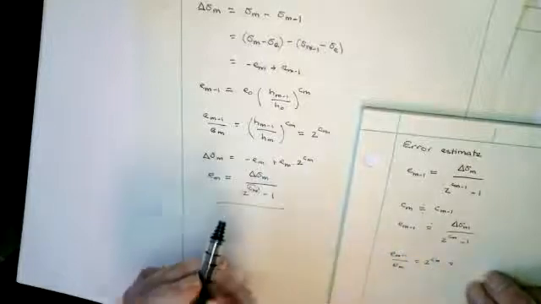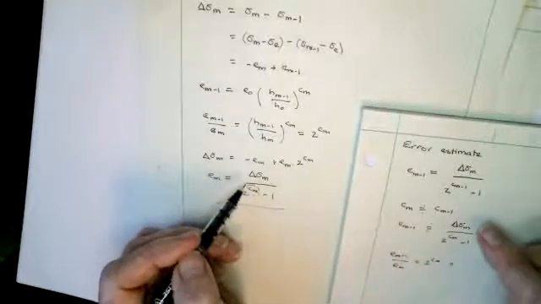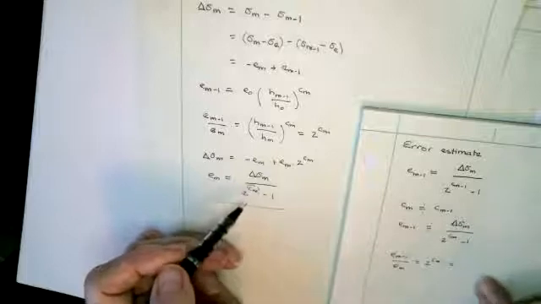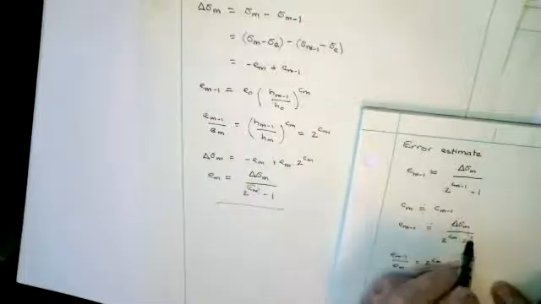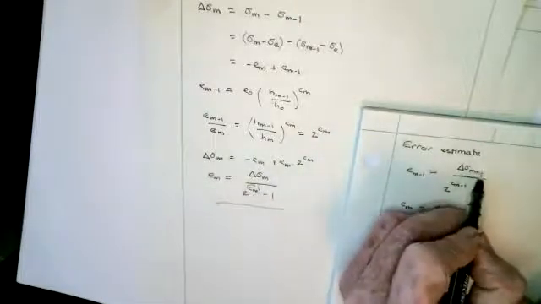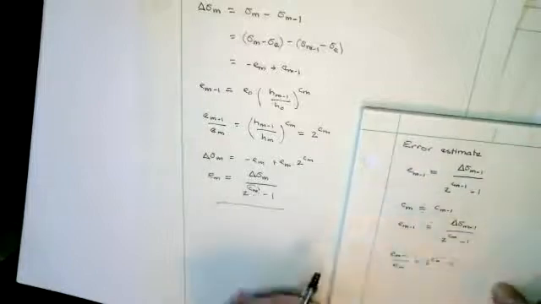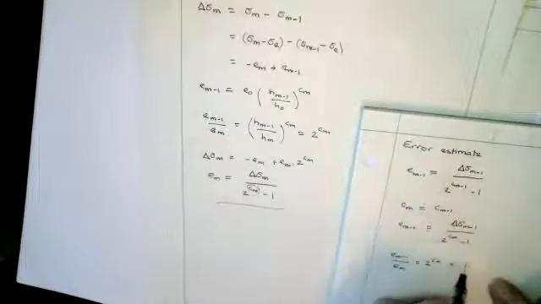But what's it going to be? If I divide this by this, I'll just get delta. Sorry, that should be my mistake. That should be sigma m minus 1. Sorry, the previous, my mistake.